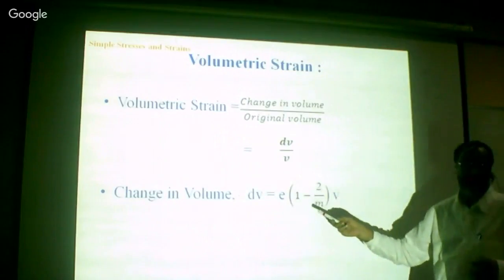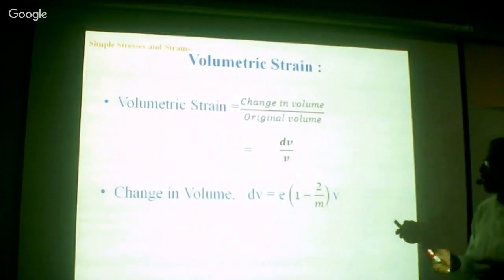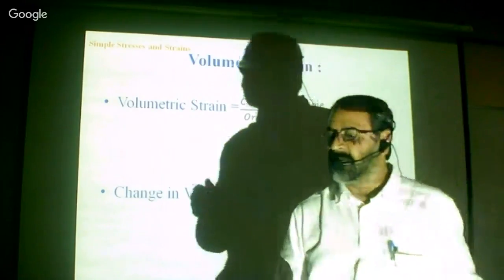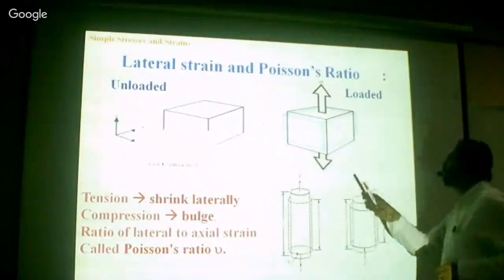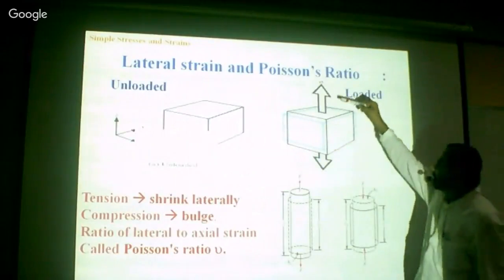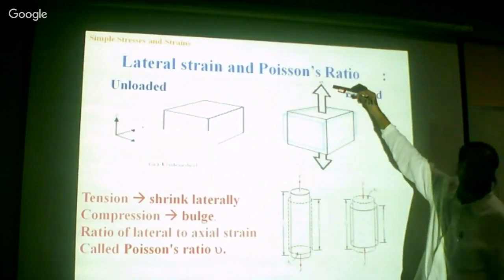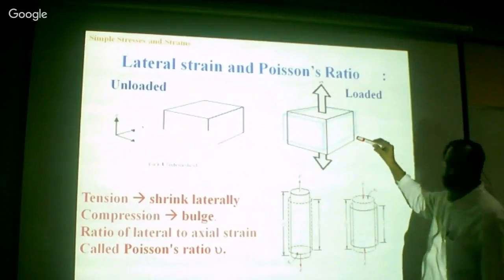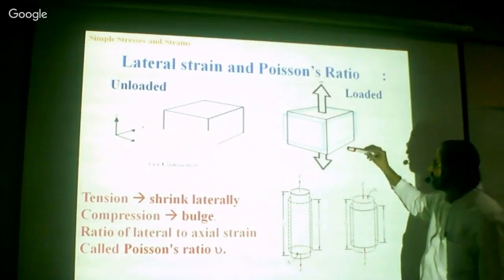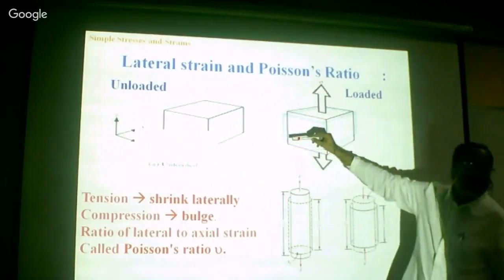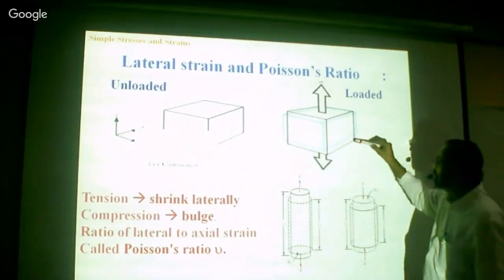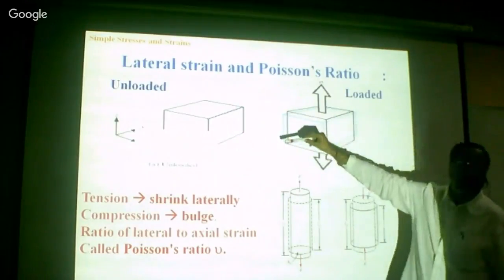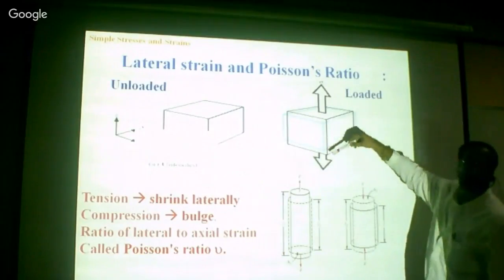Now this is arrived from this. See here, the length change delta L, the change in lateral dimension delta D, isn't it? Now there were three changes: delta D, delta L, and delta V. Breadth, width, and length.